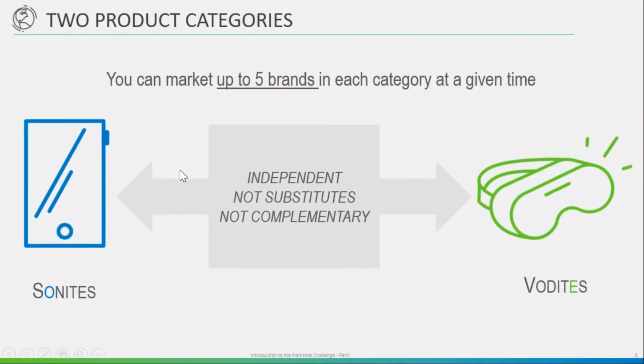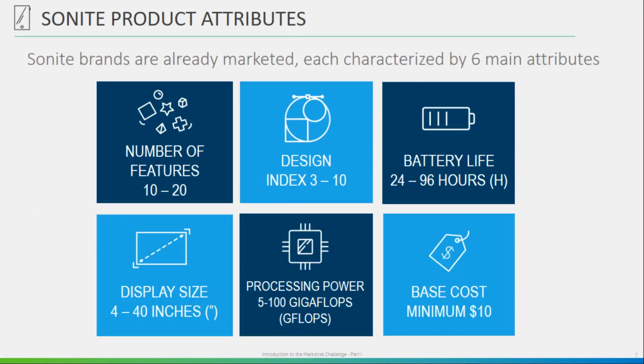2 product categories. Again, I mentioned SONITEs and VODITEs. They are not necessarily substitutes or complementary. They're independent. People could certainly buy both of these products. The SONITE has these 6 attributes that you can manipulate and also accentuate in your advertising, depending on market desires.